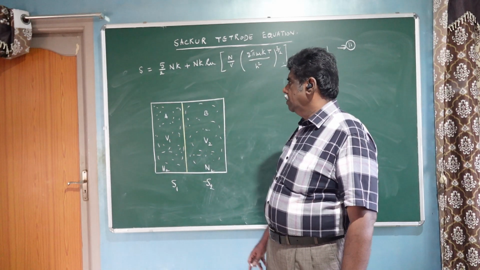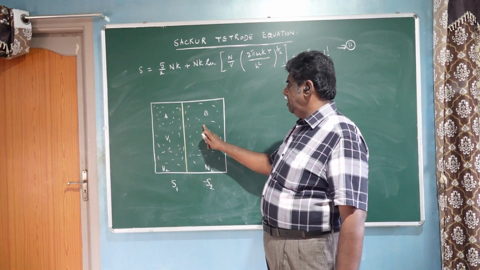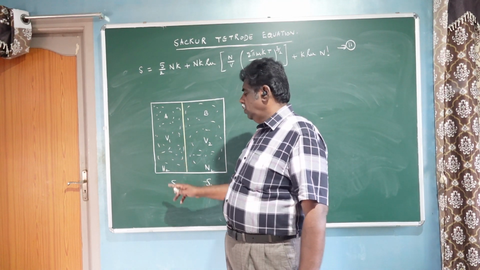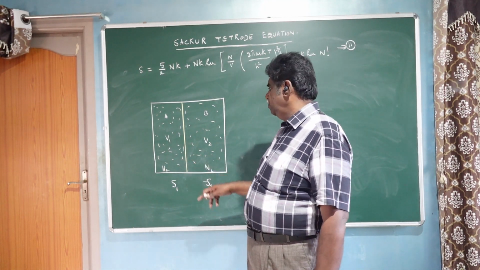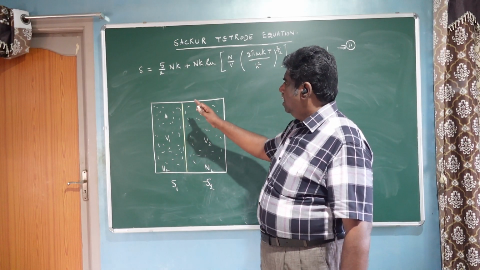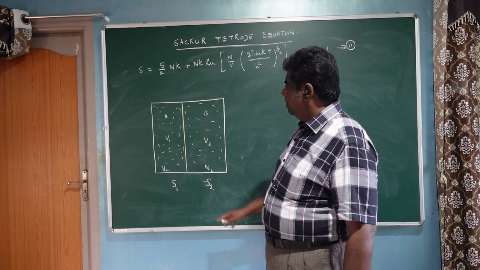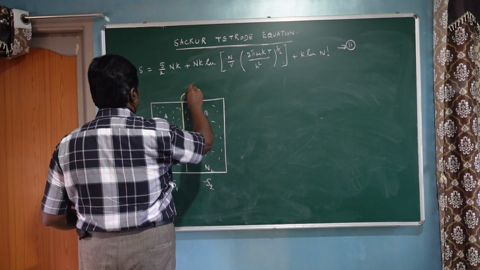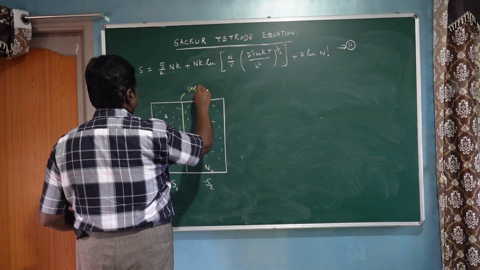Consider the compartments A and B filled with two different gases at different volumes and isolated from each other with the help of a separator. Say this is the separator.